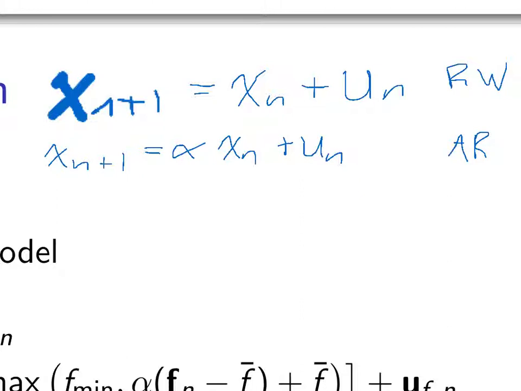And the autoregressive model, if alpha is less than 1, which it almost always is, then the autoregressive model will bias your state estimates to 0. This is like taking white noise and applying it through a low-pass filter is one way of thinking about what this process model is.